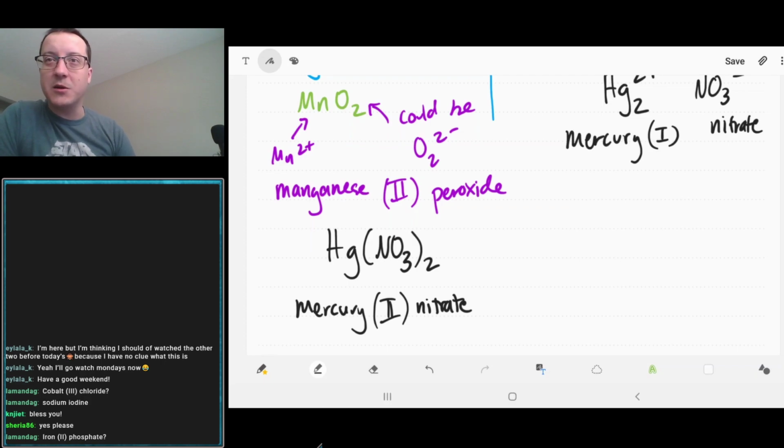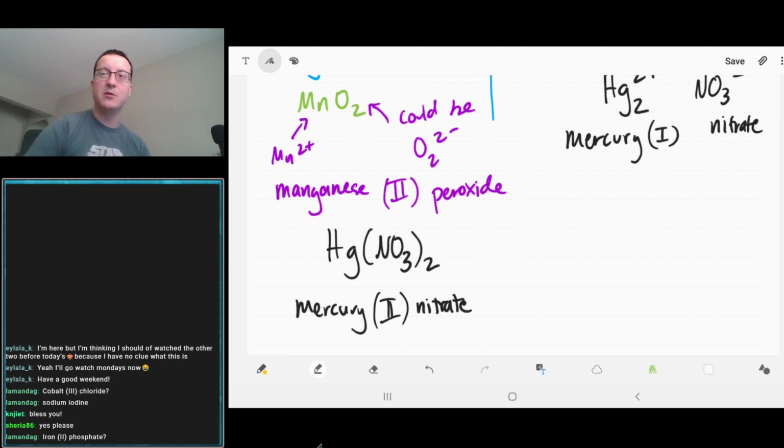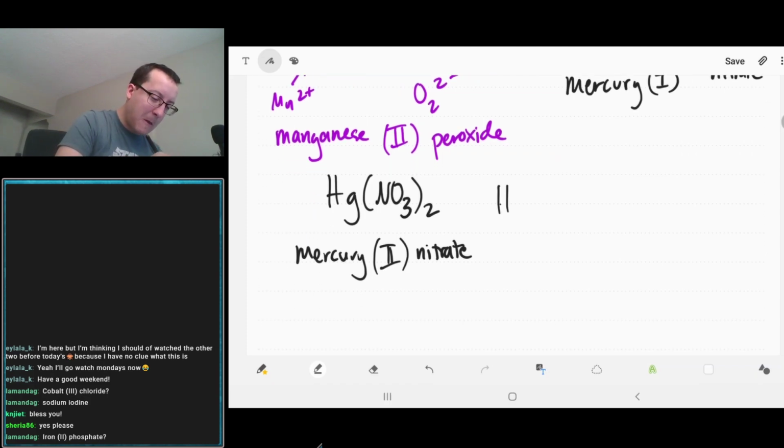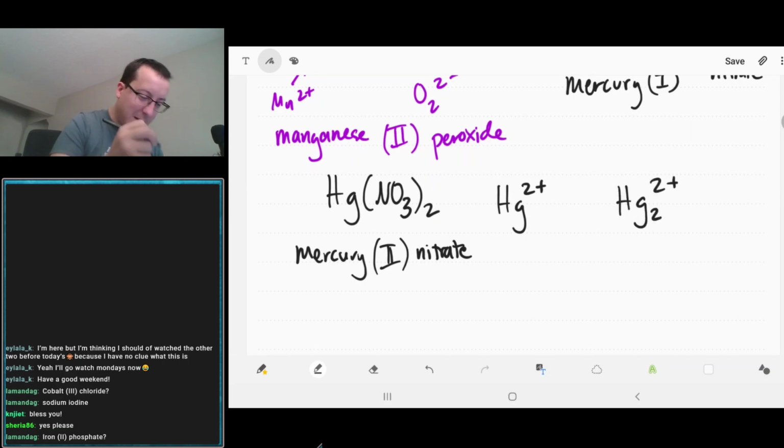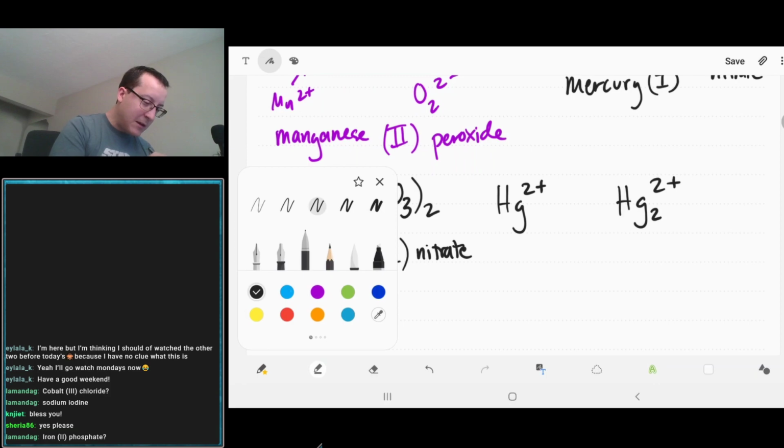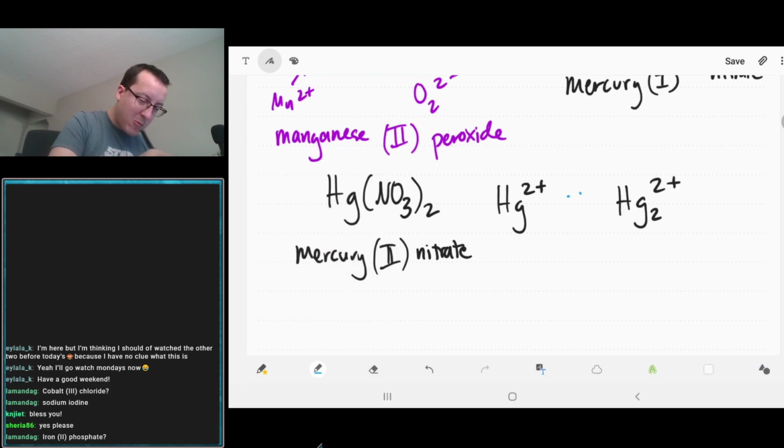The other one had 2 mercury ions, and so that was mercury 1 nitrate. This one is mercury 2 nitrate. Mercury 2 is not a polyatomic ion. It's just plain old regular mercury like this. This one is the polyatomic ion, and so we have to have a sad face here.